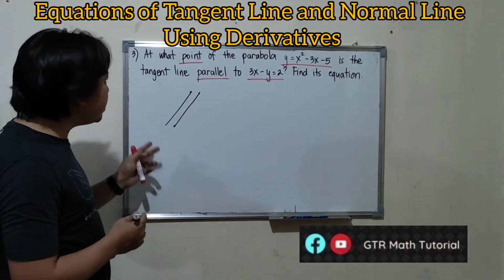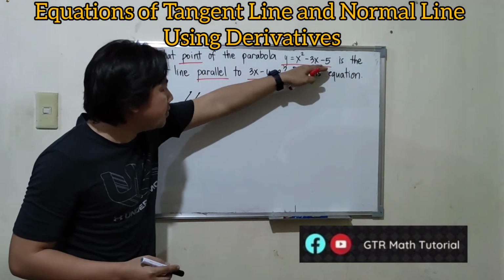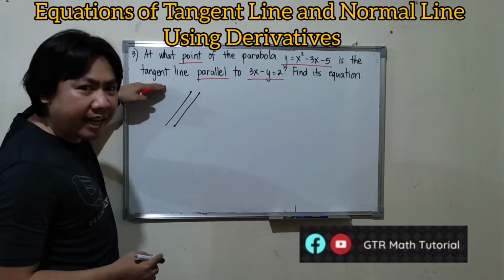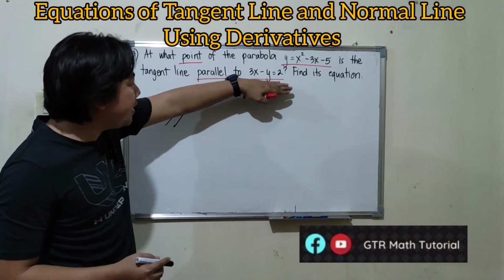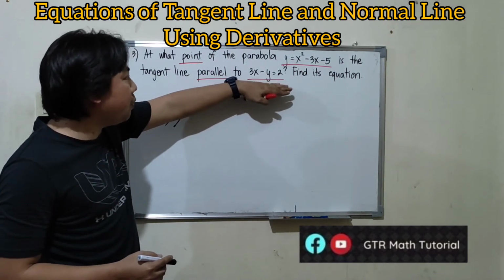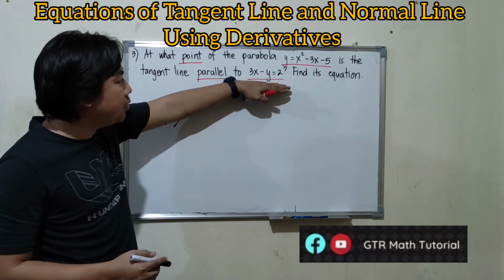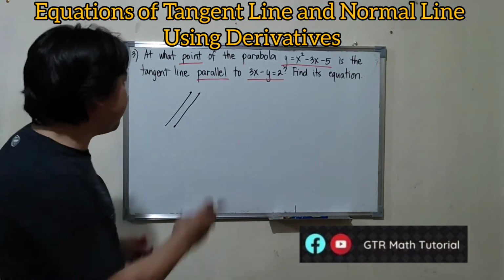So, using the definition, ang derivative ng function, yun yung slope ng tangent line at the given point. And then meron tayong given equation, we can find the slope of this line by solving y, transforming to the slope-intercept form.